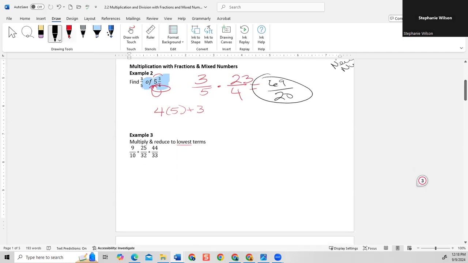Our next one is a little neater, right? I noticed that I have fractions times fractions, and they're written in proper, well, this one's proper, that one's proper, this is improper. So what I'm going to do is reduce first. Some people like to multiply all the way across, then divide, but if you're not careful at the end when you do that, you've got such a big number that you don't reduce all the way. So I like to reduce while they're small, and make sure that I reduce them all.